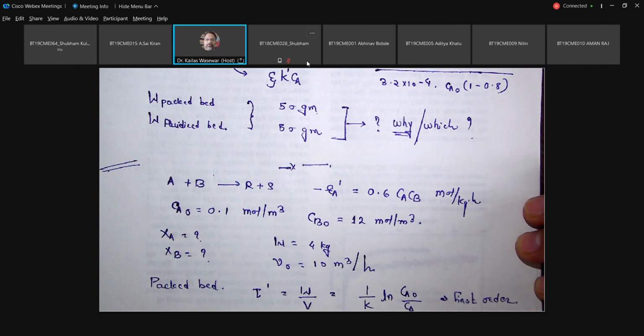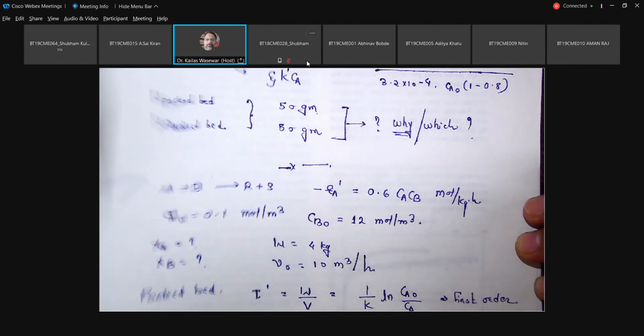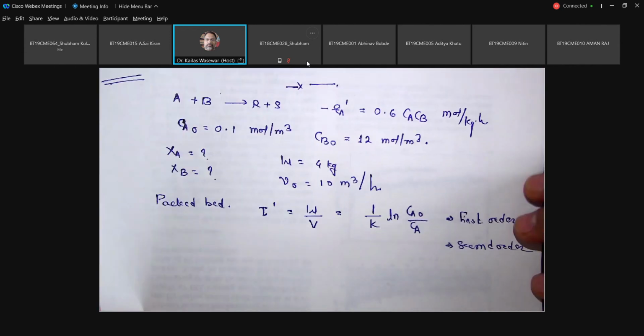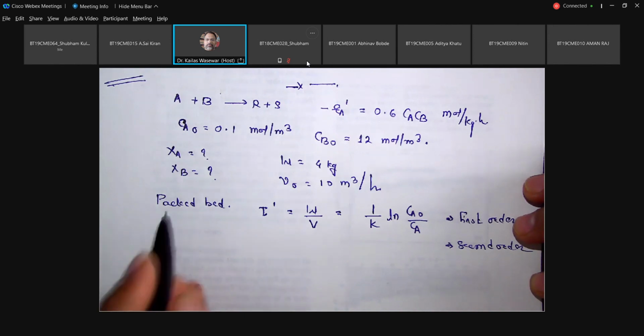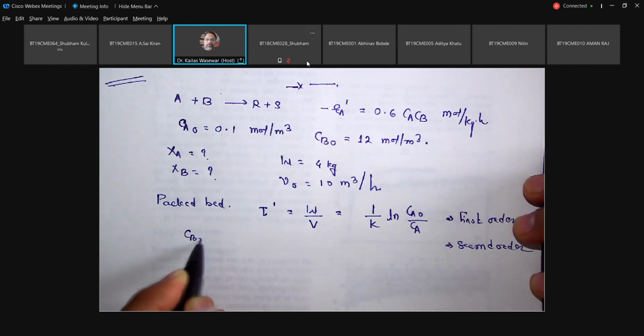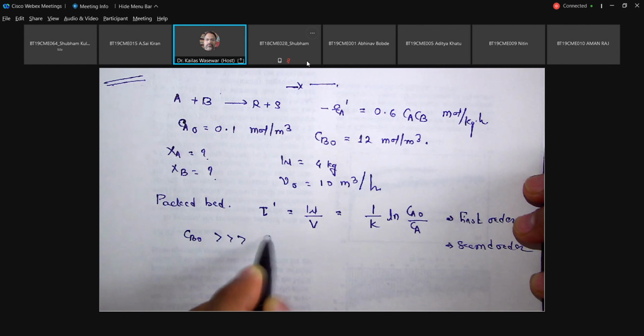But the reaction is second order. How can we proceed? If you check, CB0 is far greater than CA0.